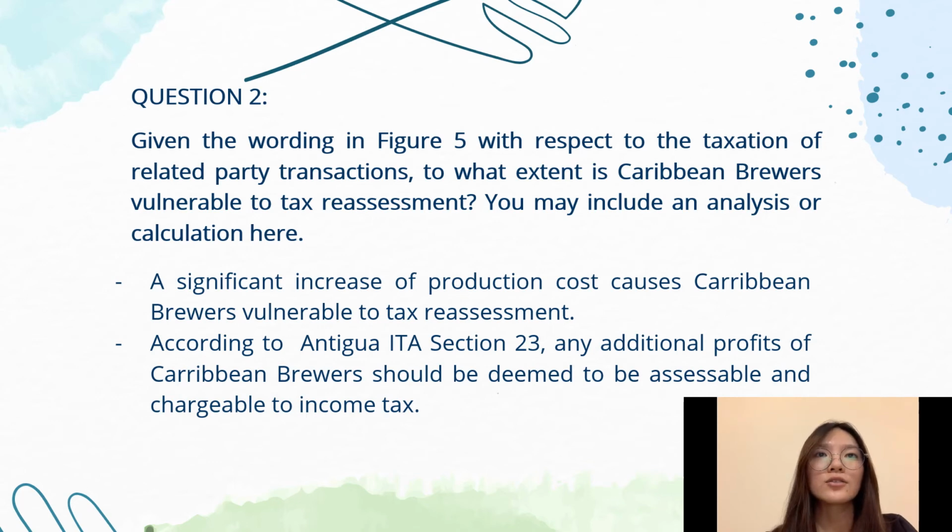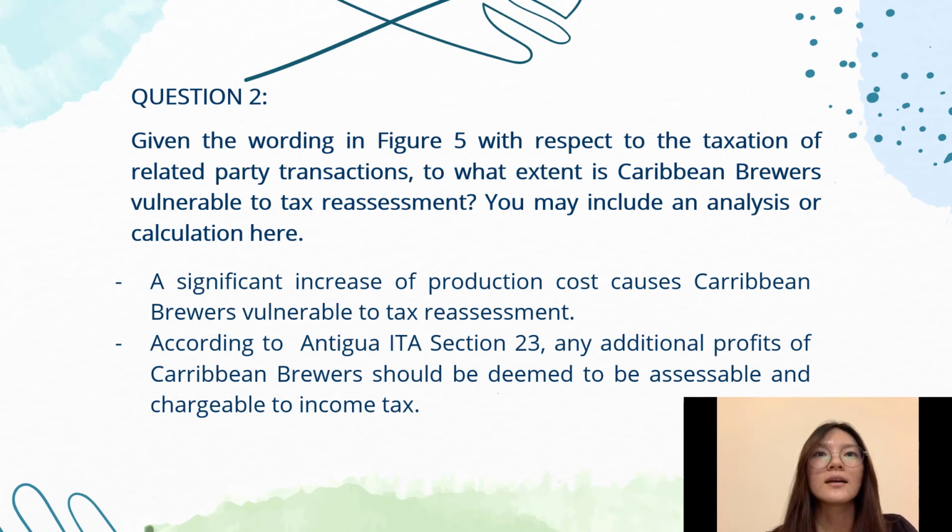However, if such a relationship did not exist, Island Revenue may determine in a reasonable fashion whether any additional profits should be deemed to be assessable income of the resident corporation.